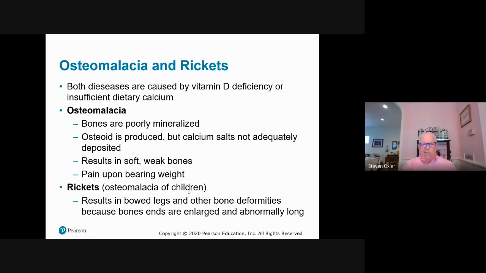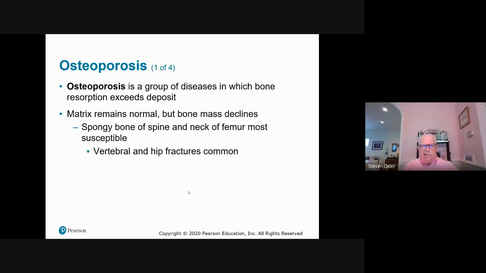Osteoporosis is a protein disease. P for protein is where bone resorption exceeds deposit. The matrix is normal, but the bone mass declines.